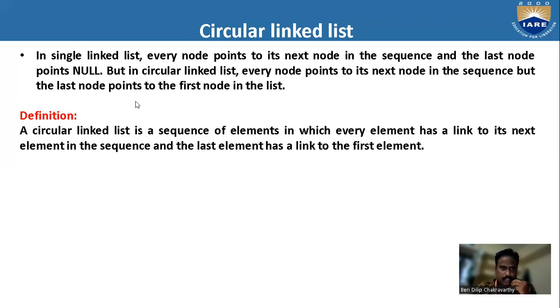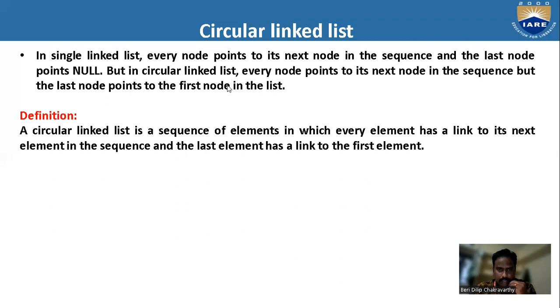Observe here, in single linked list, every node points to its next node in the sequence, and the last node points to null. As nothing is there in the next node, we are just pointing it as null.